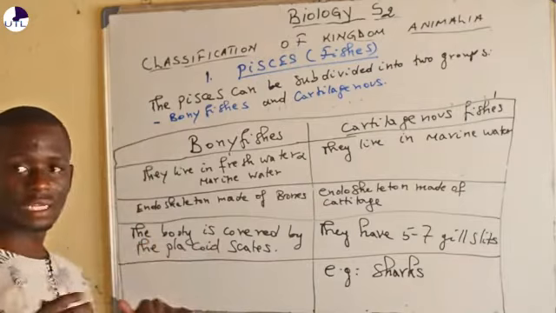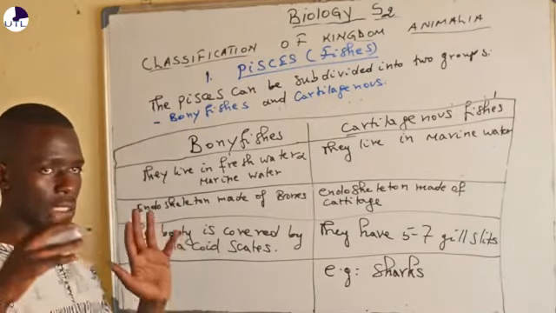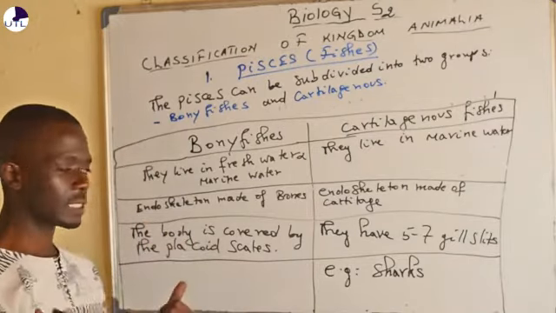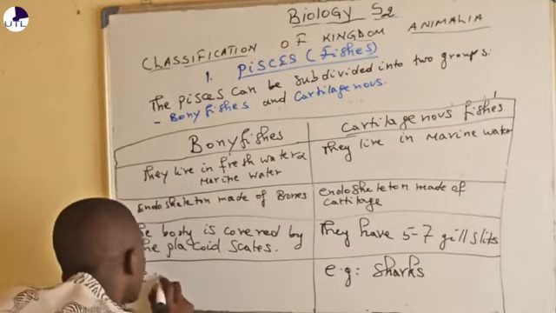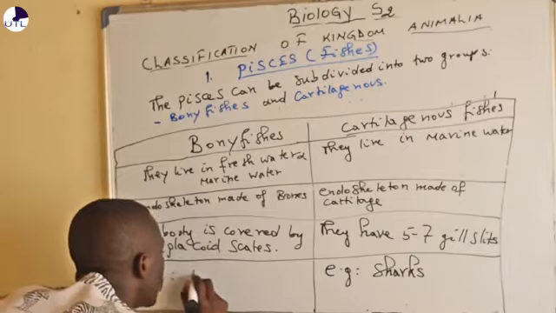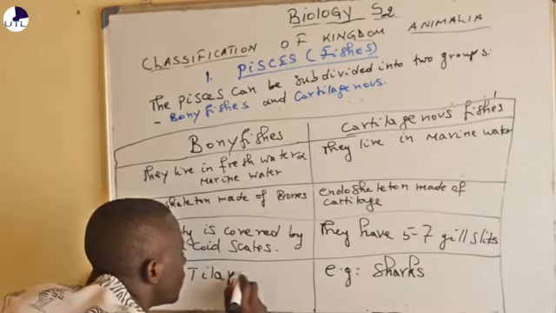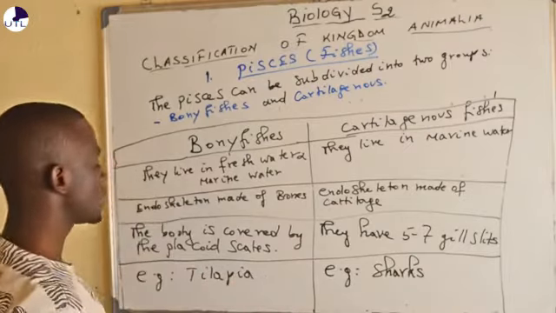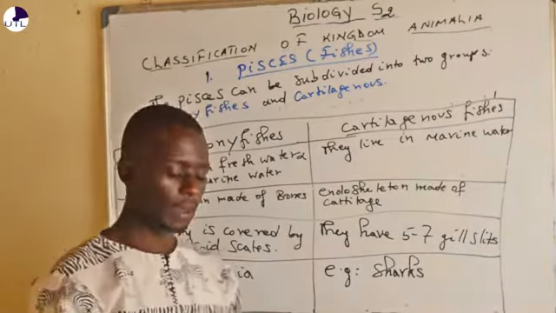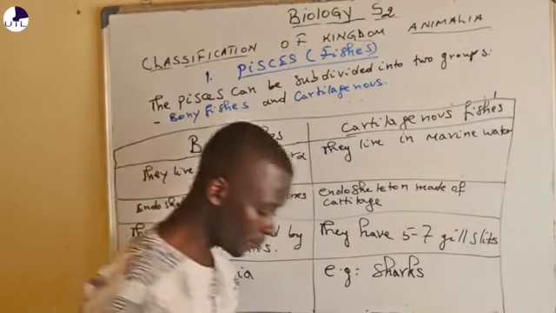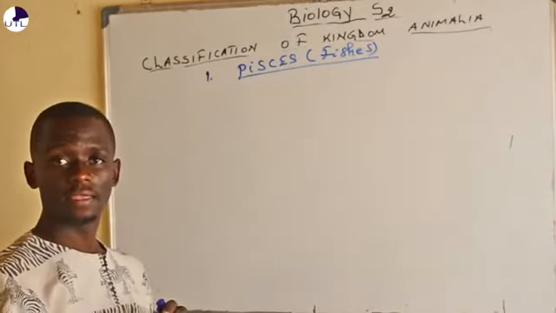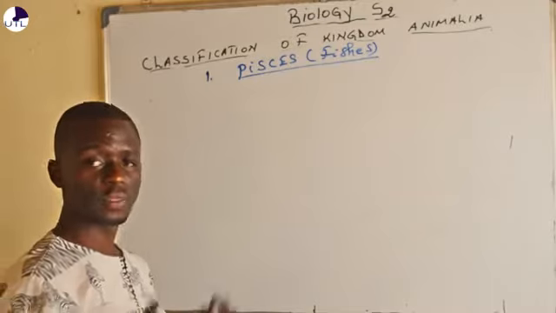While in our country we can find a lot of fishes that are called tilapia. Tilapia are bony fishes, and we find a lot of them in our country because we have the fresh water bodies. Now we are going to see the adaptations of fishes to their environment.